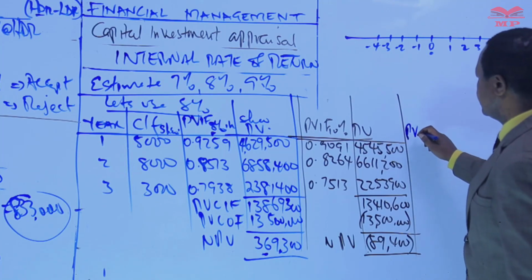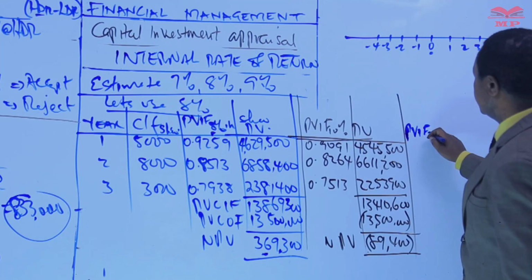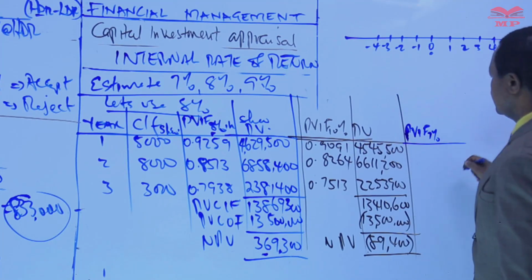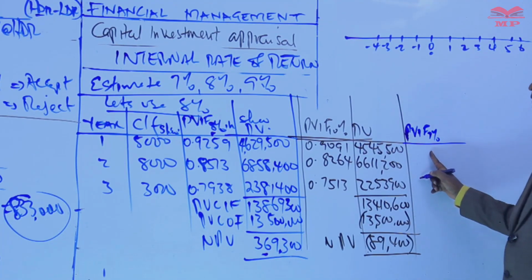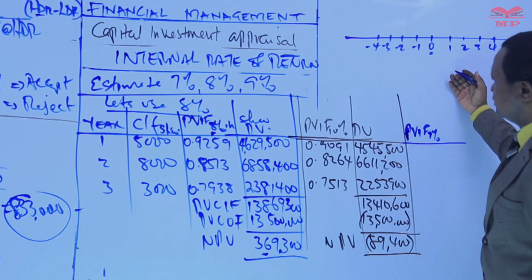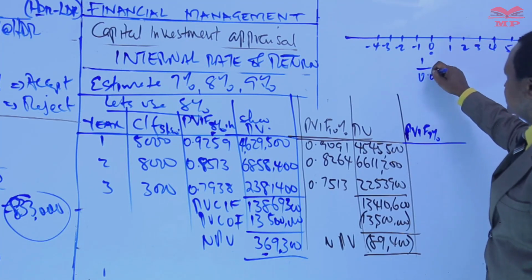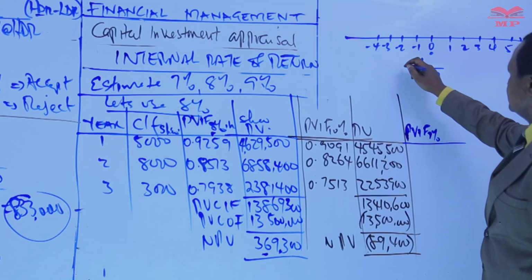PVIF at 7%. This one you may not be able to read in a table, but you can calculate it. Year 1 will be 1 over 1.07.